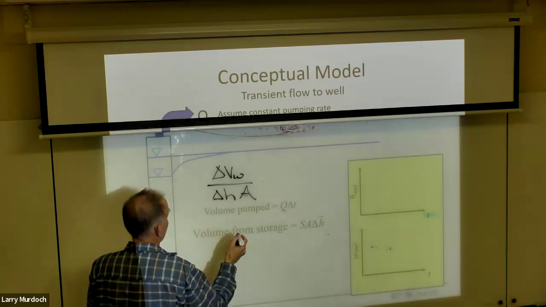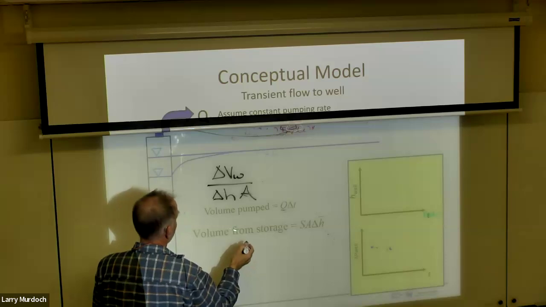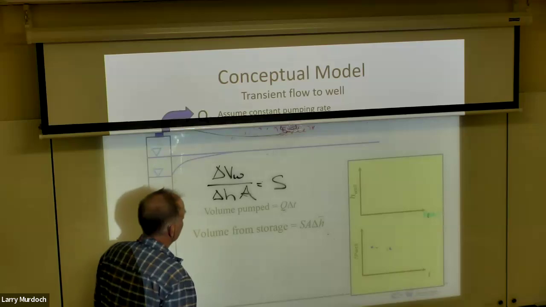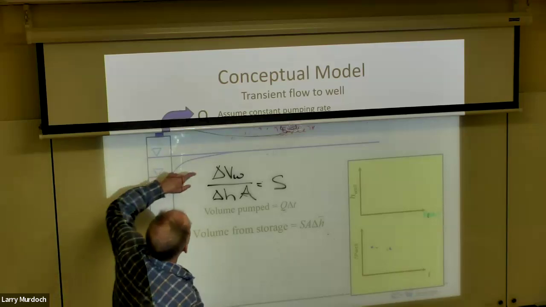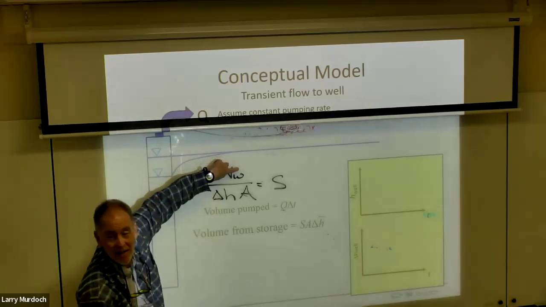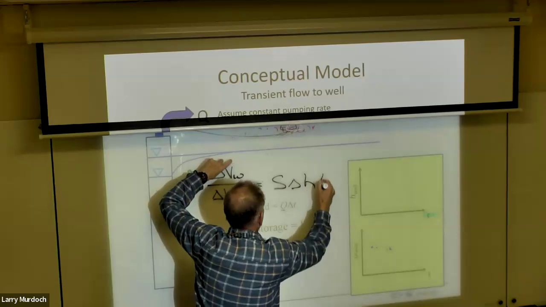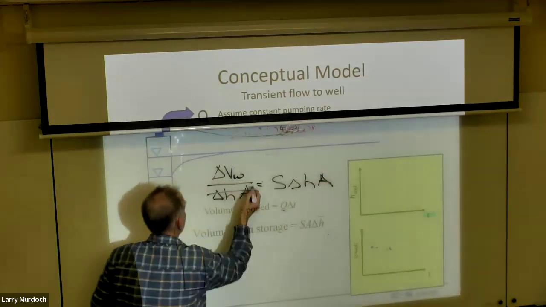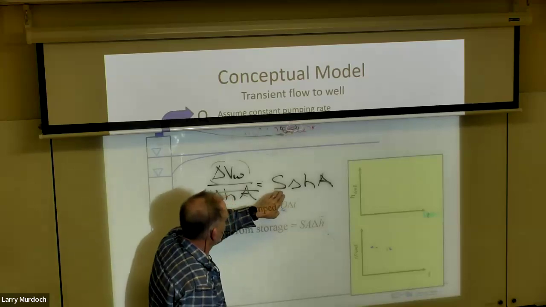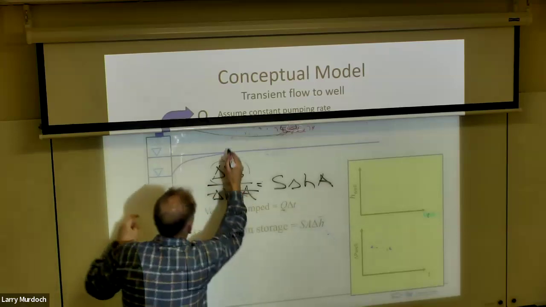So that's S, right? So this volume that we pumped out in a unit of time is that. So we can do this. The volume that we pumped out is equal to the storativity, times the area that we've affected, right?